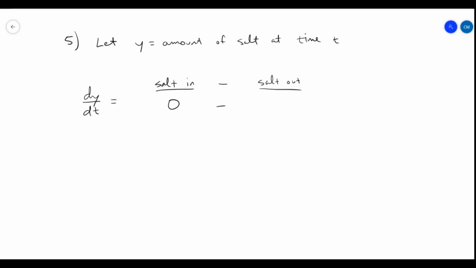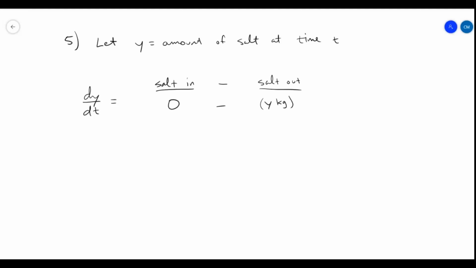Well, let's see. Some dimensional analysis might actually help here. We've got how much salt is in this tank at any time. Well, we said that there's y kilograms of salt at any time, right? Y kilograms at any time. I'm going to use the units so that we can figure out how to make them match the units on the right.